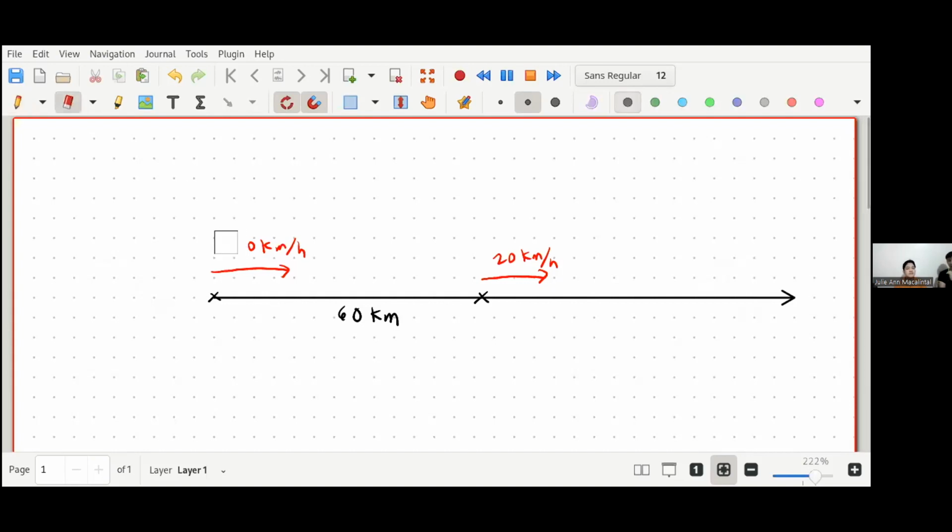Sige, palitan natin. Yung given lang, gawin natin mas reasonable. So let's say 30 kilometers per hour. Tapos yung bird is traveling at 40. From train 30 kilometers per hour.